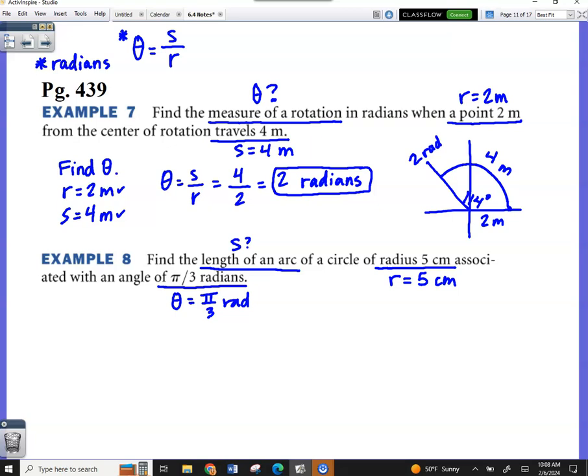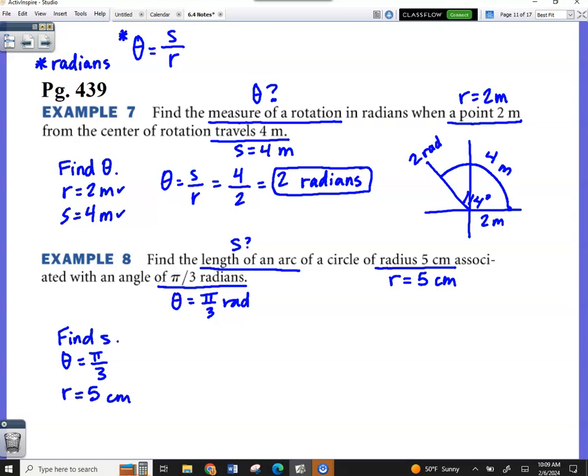I've got my 2 that I know. Now I'm going to take my little notes over here. So I'm going to find S. I know theta is pi over 3, and I know R is 5 centimeters. All right, let's plug it in. I did this 2 ways last year.